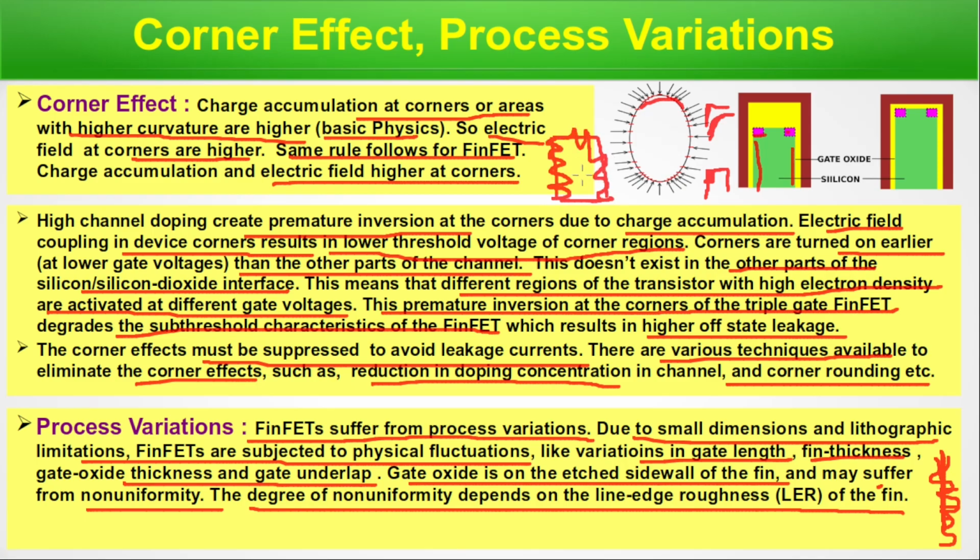Effective area under this is obviously not the same, so accumulation of total charge and total current will be variable. Because of line edge roughness, we will not get a perfectly rectangular fin. Rather, this kind of a structure, and when oxide is deposited on that, it will also not be a uniform oxide structure. So these are the process variations a FinFET suffers from.